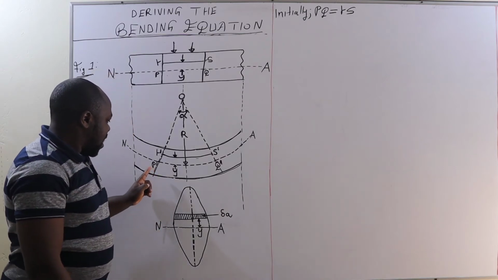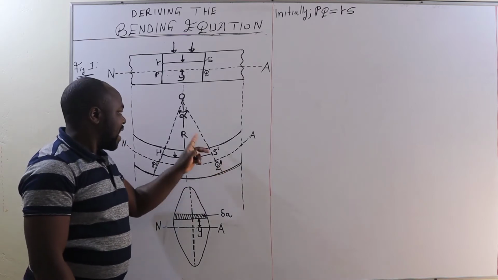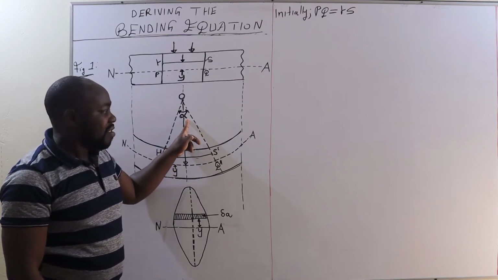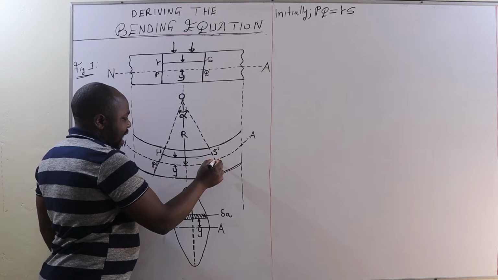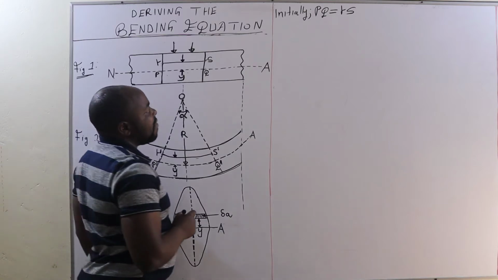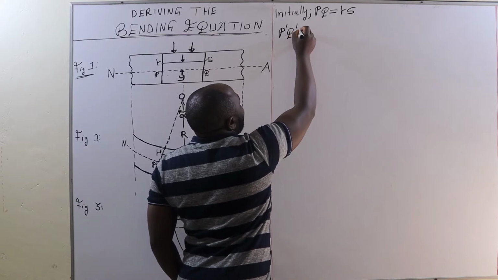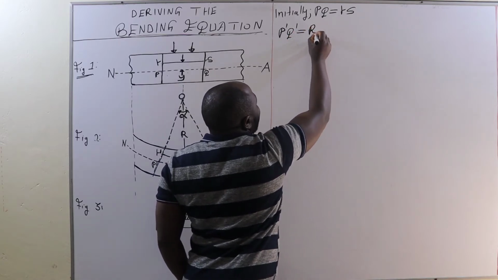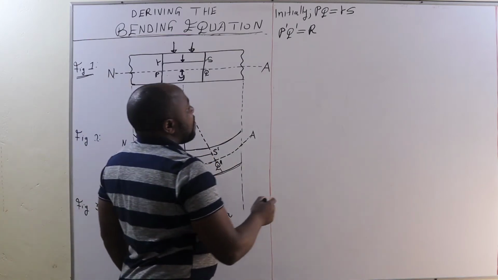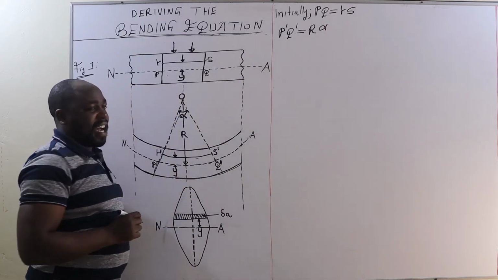Now, arc P prime Q prime is subtending an angle of alpha at the center of the arc of the circle, and this arc has a radius of R. Therefore, the length of layer P prime Q prime is going to be the radius of this arc multiplied by the angle subtended at the center of the arc, which is alpha.